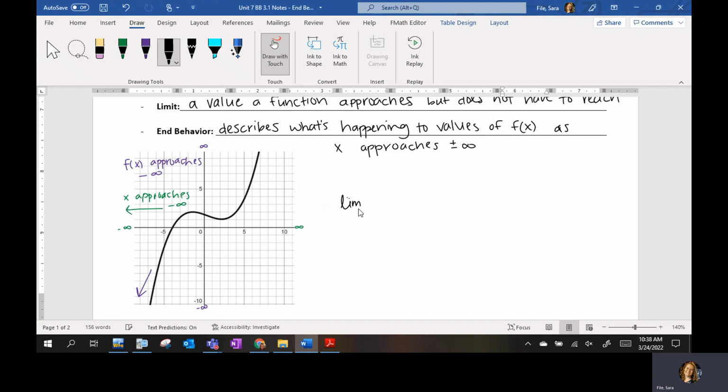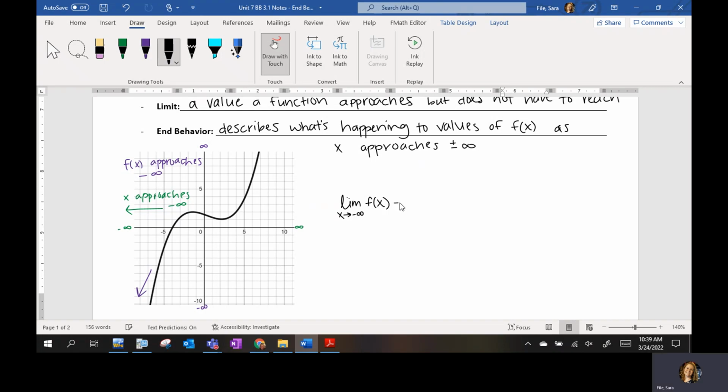Okay, so LIM, you can use whatever handwriting you want, cursive or print. So the limit of f of x as x approaches negative infinity. This is how we write this. Under limit, you put what x is approaching with x arrow and then whatever you're approaching, negative infinity.